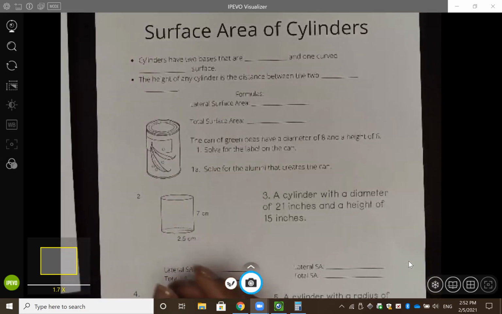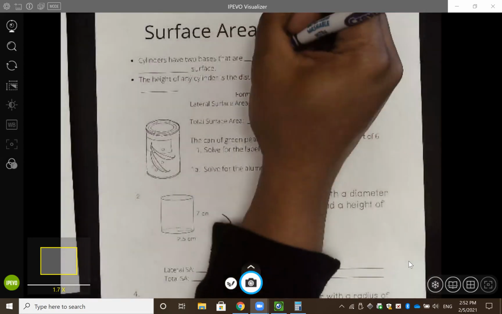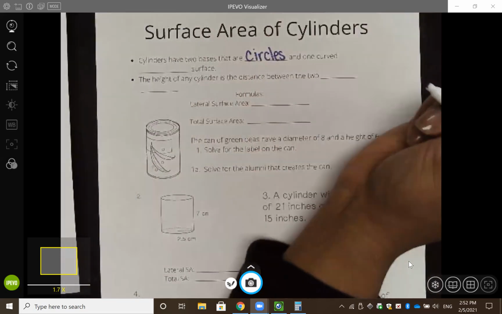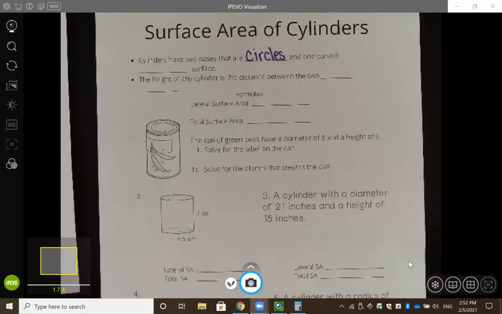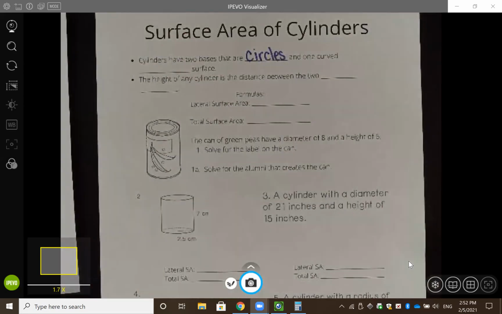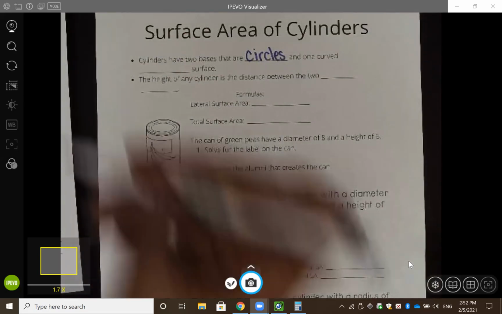So let's get started with our notes. Cylinders have two bases that are circles, and one curved rectangular surface.